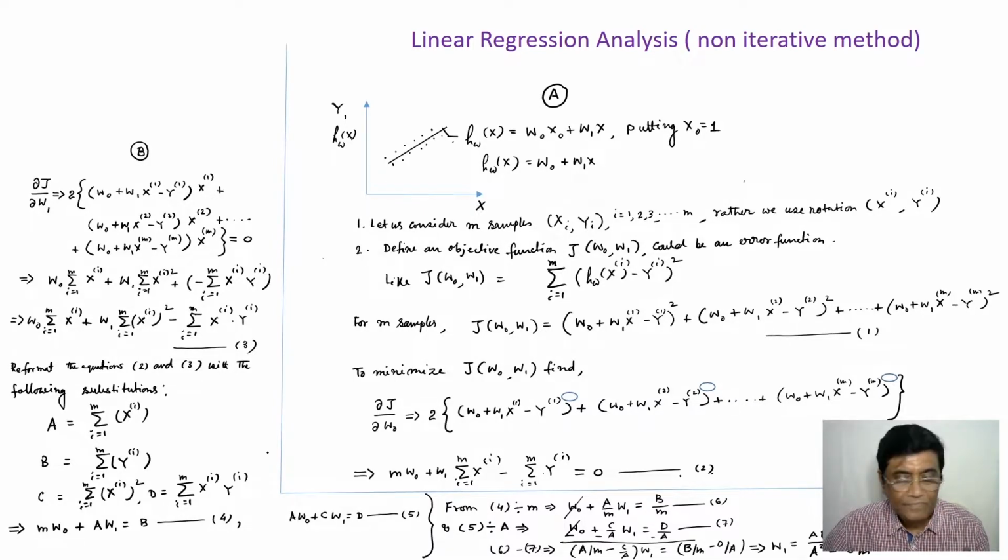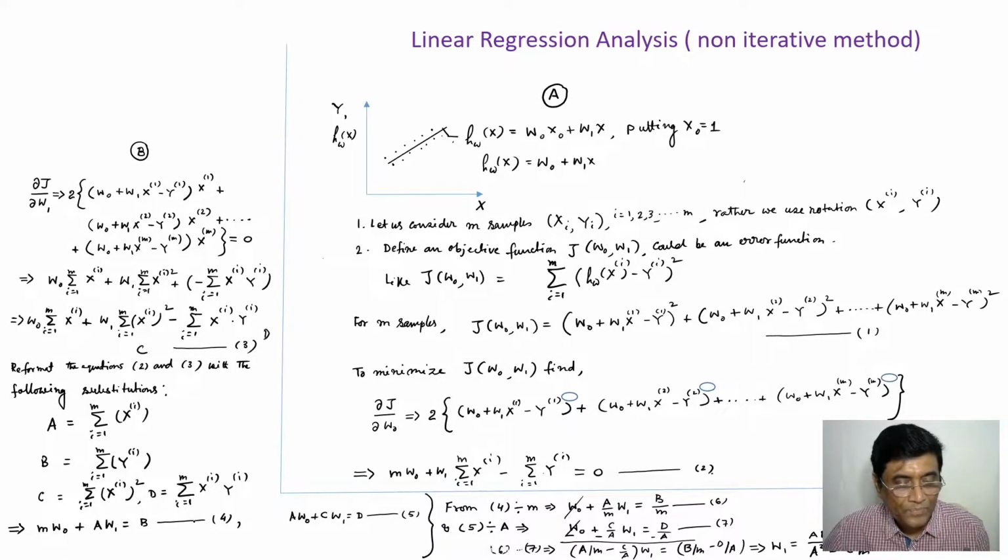A equals this one, this is your B, C is this, and this is your D. Okay, so A, B, C, and D, I have made the substitution so that my equations will not be ugly like this. They will be very simple.